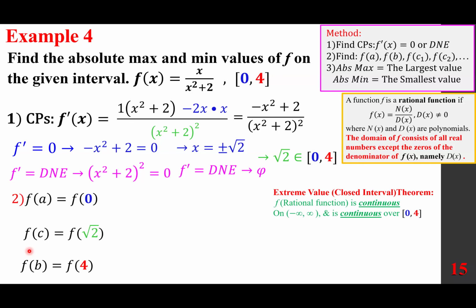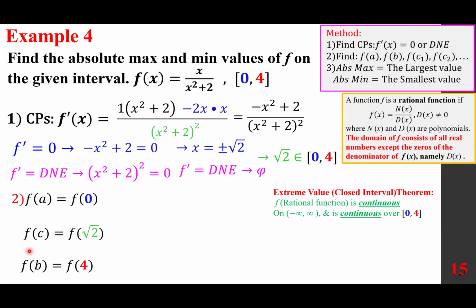Let's evaluate the function at the endpoints as well as the critical point, square root of 2. To do so, we are going to use the original function, of course, f of x, and we're going to plug in 0. Of course, 0 gives you 0 over 0 plus 2, 0 over 2. That is 0.